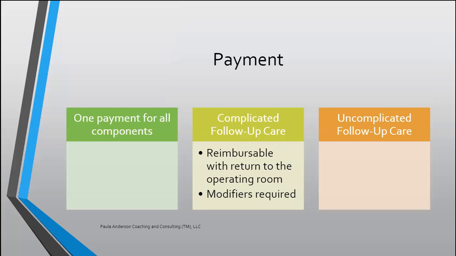Now, on the reimbursement side, everything that's done that's related to that surgical procedure is going to be bundled into one payment. The only services that are actually separately billable are those where the patient has to return to the operating room because of some type of complication. And there is a modifier that is required for that, and it's going to be modifier 78.